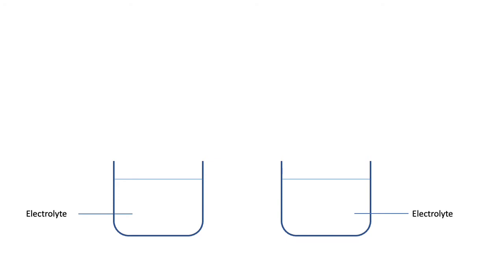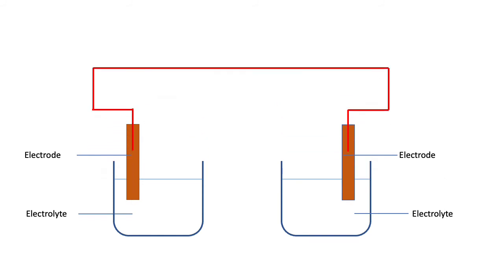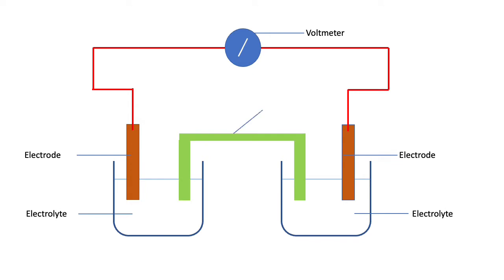In each cell, there is its own electrolyte, and then we have the electrode. The electrodes are connected with a wire and also connected with the voltmeter. But this cell is not complete without a salt bridge. So this is the basic galvanic cell.